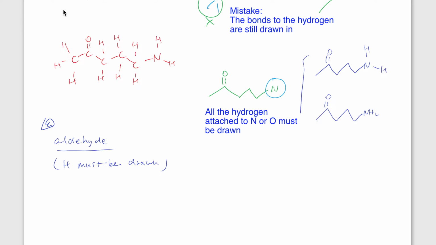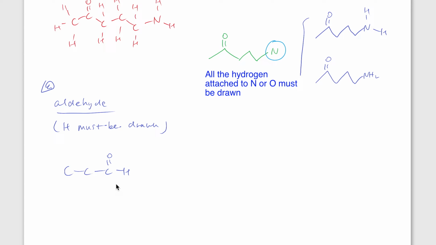So for example, you have propanal. You might think, let's just draw this: one, two, three carbons and the oxygen. If you follow all the previous rules, this is correct. There's nothing wrong with the previous rules.